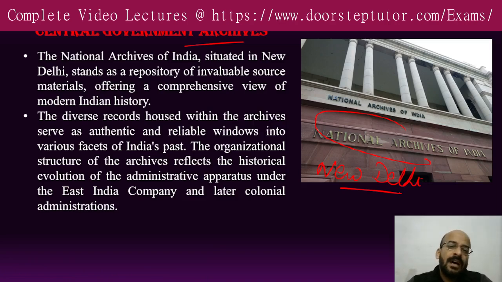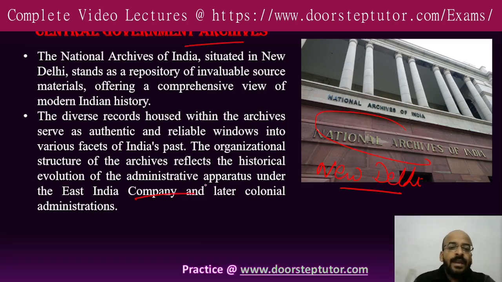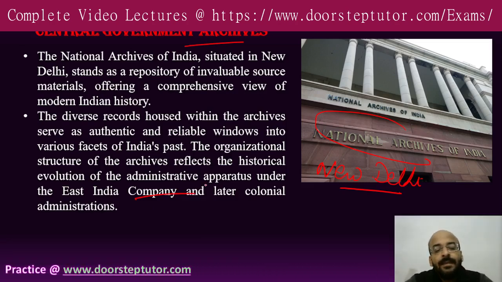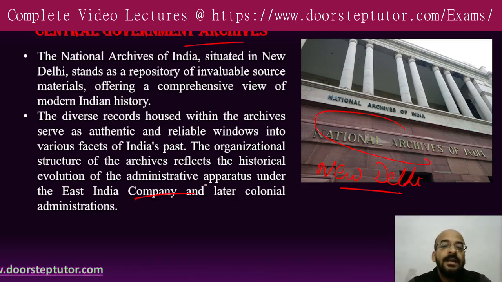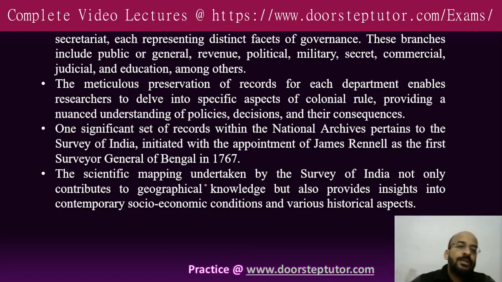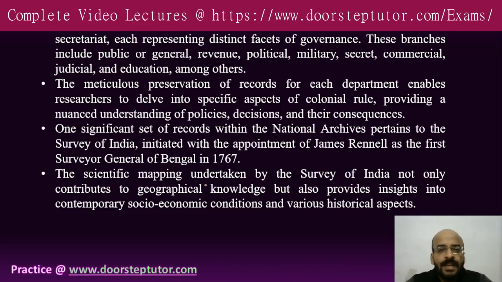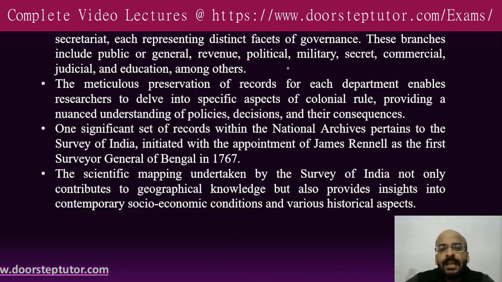These records cover diverse fields, and we have various knowledge about the East India Company in those records and about the later colonial administrations. The records within the National Archives span different branches, and various secretariat offices are covered under it.